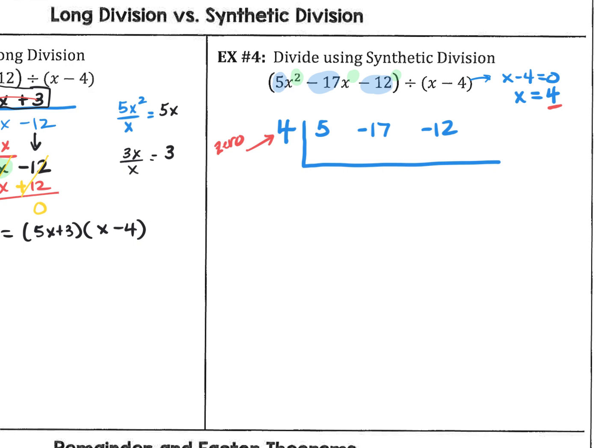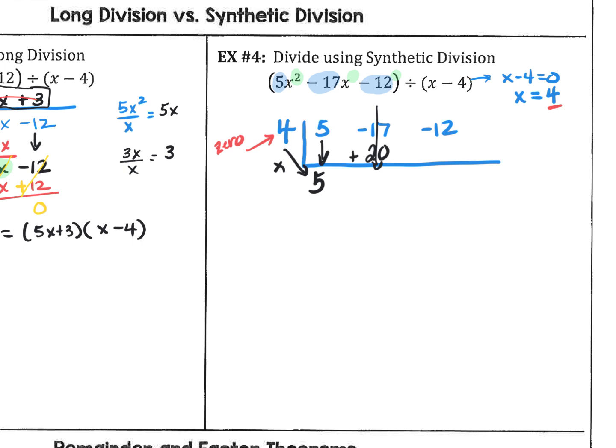Now, watch how fast this goes. Didn't take long to get it set up, did it? The first number always comes straight down. And then what we would normally do with regular division, we multiply across the diagonal. What is 4 times 5? And then we add straight down.